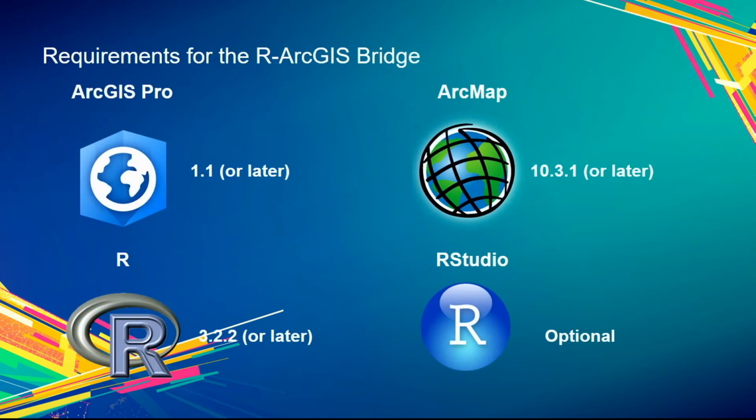Okay, so what are the requirements for the R-ArcGIS bridge? You need Pro 1.1 or later, R 3.2.2 or later. And for ArcMap, you need 10.3.1 or later. And then RStudio is optional. I use RStudio a lot. You can use whatever you use for R. But if you're programming within the R environment, then you're going to have some sort of IDE, and I like RStudio.